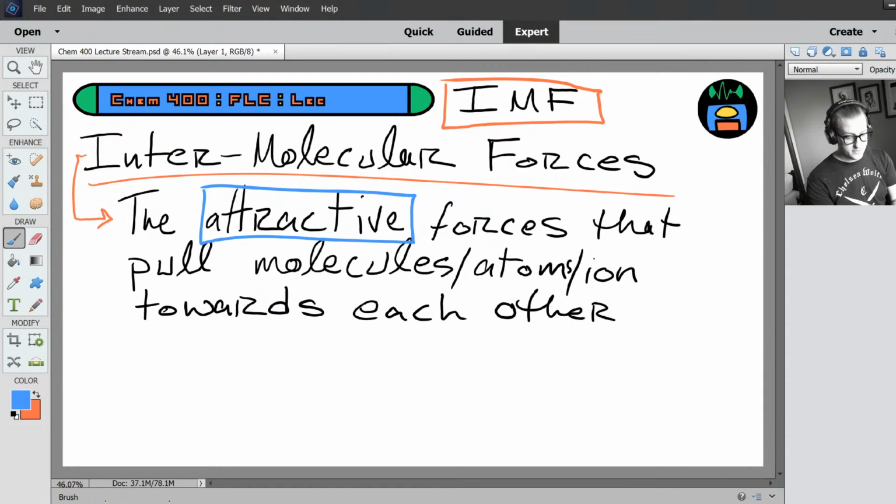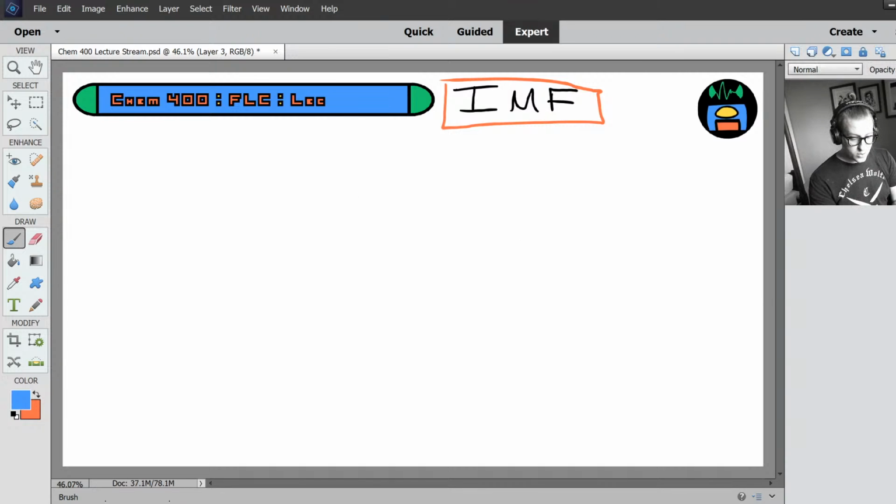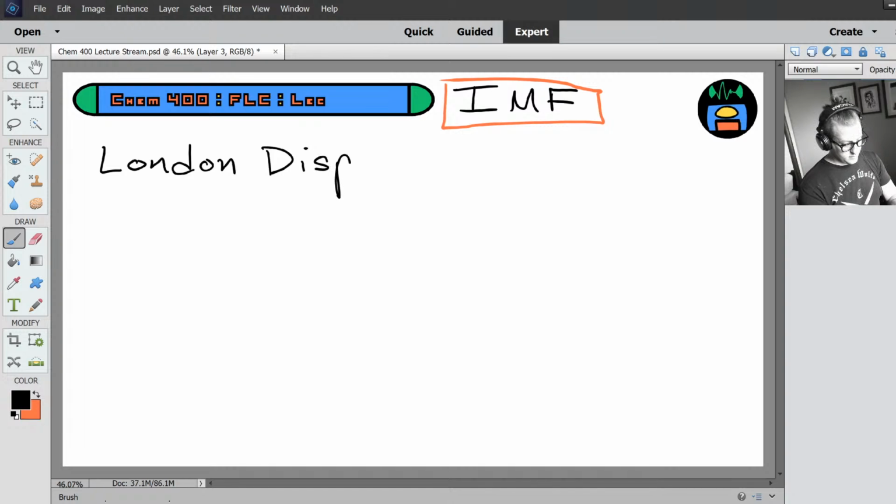These are attractive forces. Now, over the course of this lecture, possibly into Monday as well, I'm going to give you kind of the big picture. We're going to look at three different types of intermolecular forces. The first being London dispersion forces.